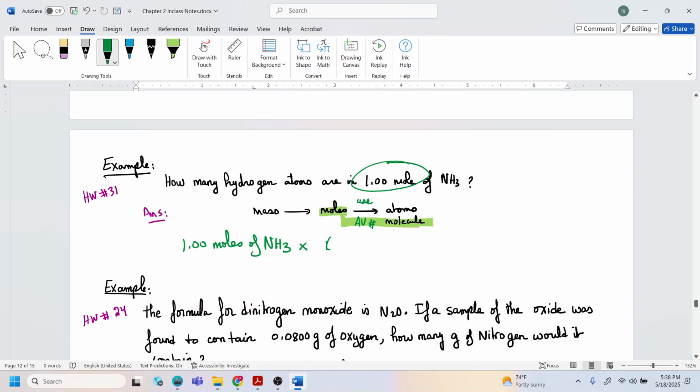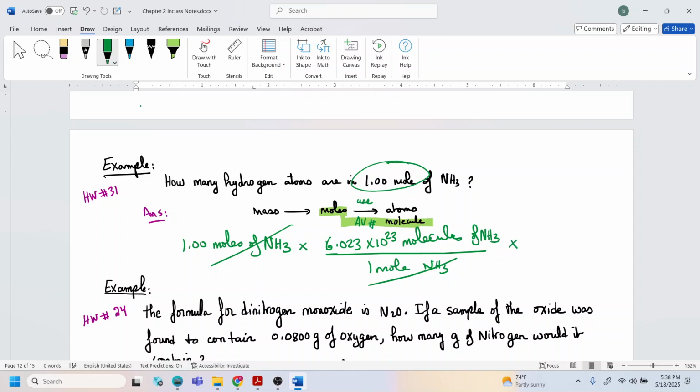So for every 6.023 times 10 to the 23 molecules of ammonia, that is equivalent to 1 mole of ammonia. You can cancel the moles out. You're left with the molecules.